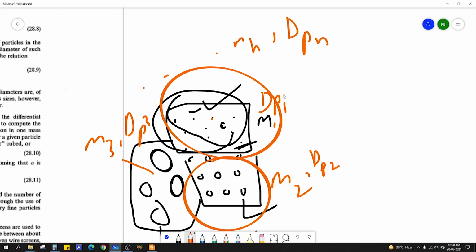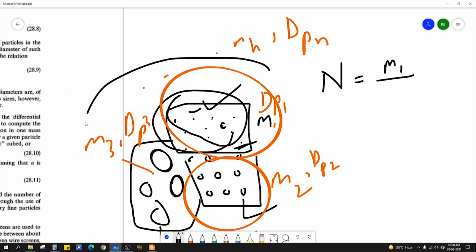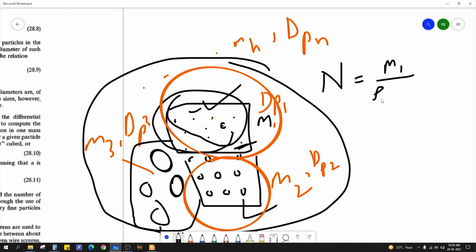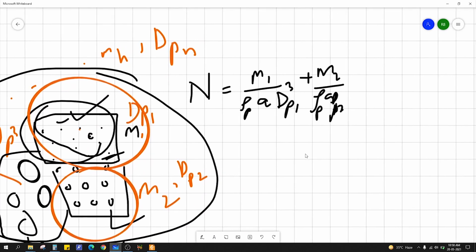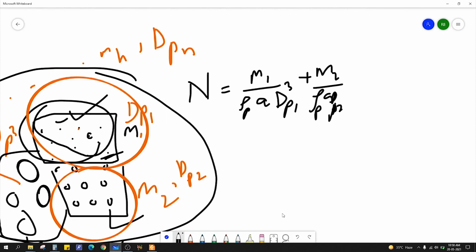Now in this case, we can write the total number of particles in this mixture like this: N equals m1 by rho p a dp1 cube, plus m2 by rho p a dp2 cube, and so on.